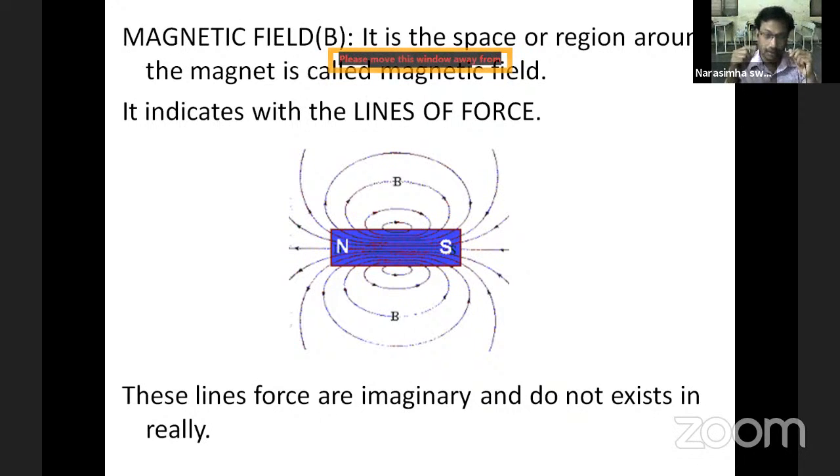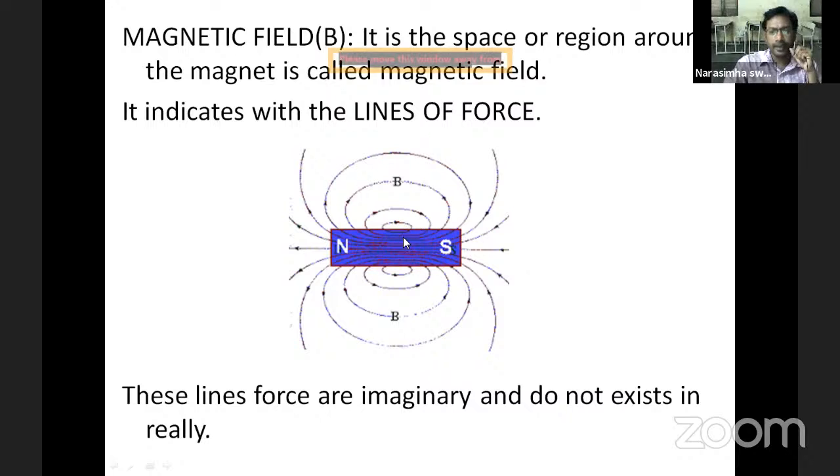As per the definition, the space or the region around the magnet is called the magnetic field. This magnetic field we can't see, so we imagine it represented with some lines. It indicates the lines of force.